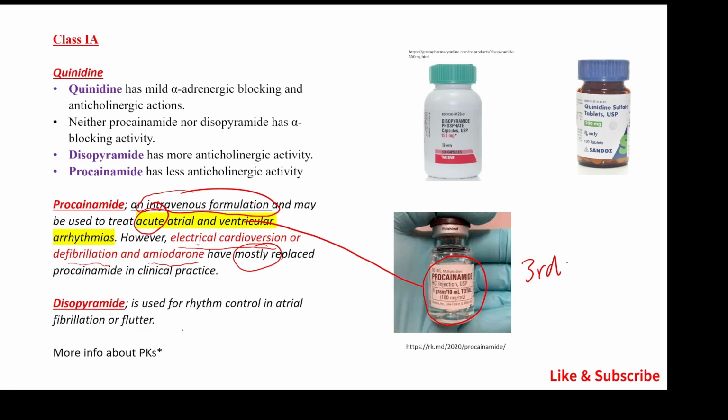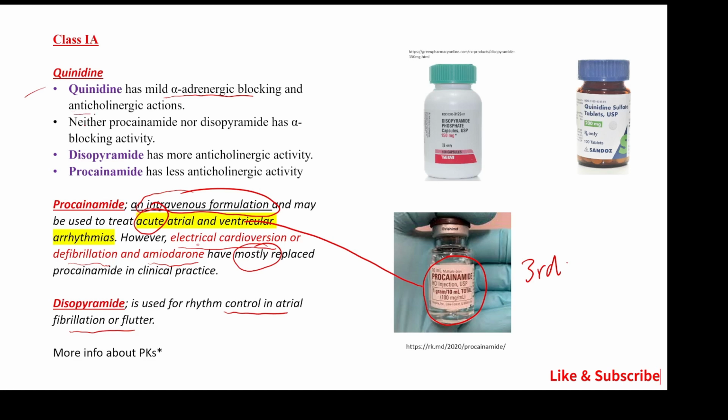Disopyramide is used for control of atrial fibrillation and flutter. What about quinidine? Quinidine not only blocks sodium channels, it also has alpha adrenergic blocking activity.